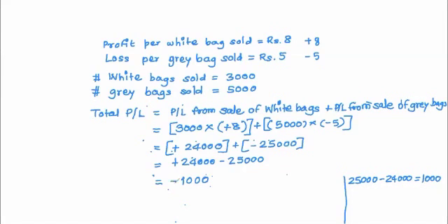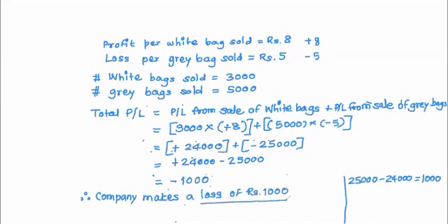And negative sign to the answer indicates that it is a loss. Therefore, the company makes a loss of rupees 1,000. And because I'm using the word loss of, I'm not putting the minus sign here.